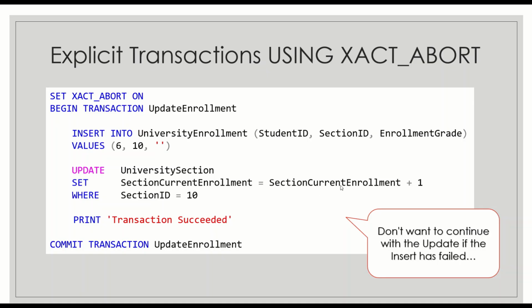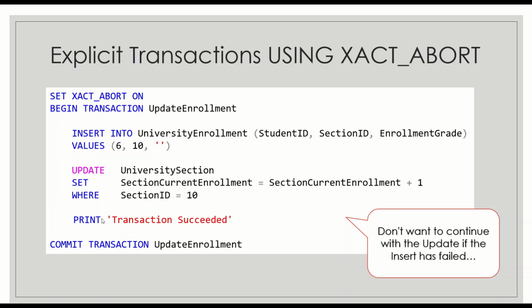What happens if 31 students enroll? Well, we'd want to reject them, not allow them to enroll, say that the section's full, and we'd have to roll back our enrollment record. For now, though, we're just going to stick with these two examples of inserting an enrollment record and increasing the number of students enrolled in that section.